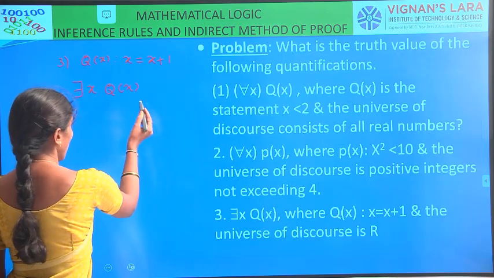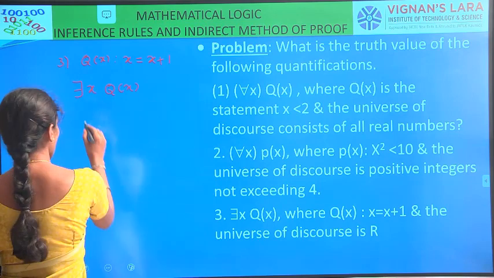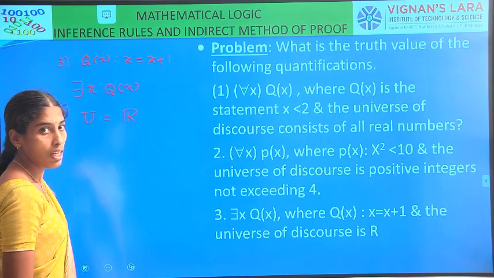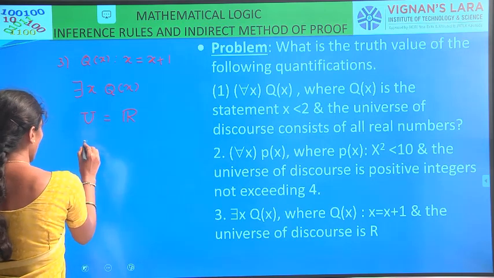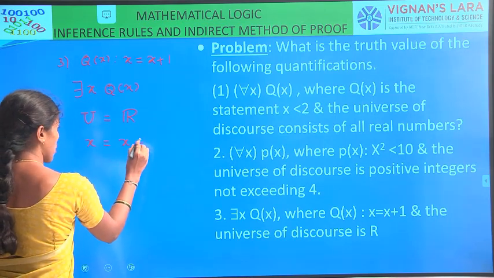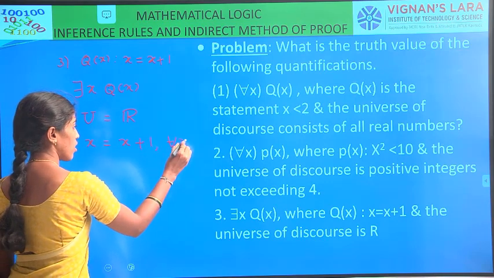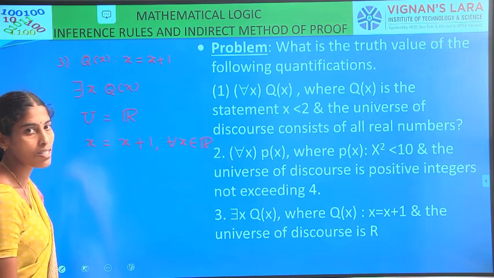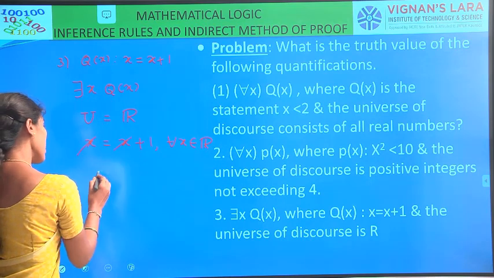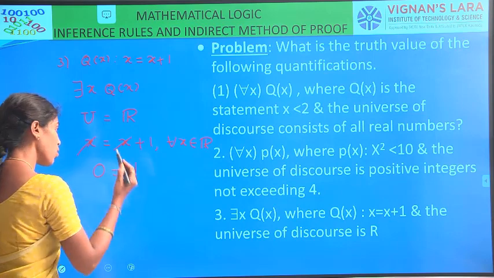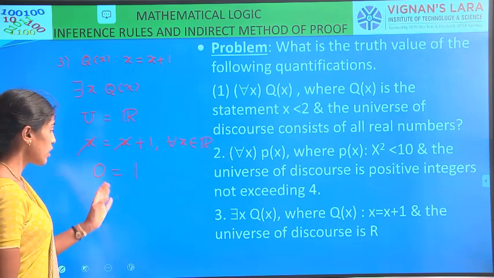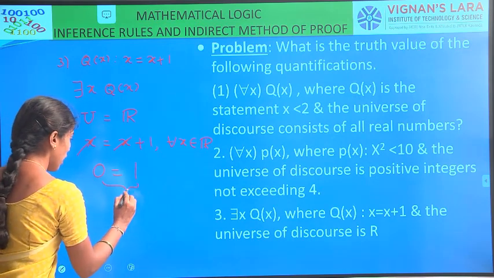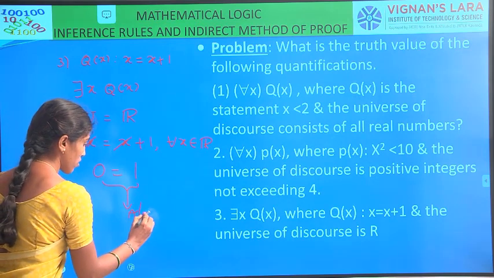Now see, what is the universe of discourse? U is the set of real numbers. Is there any real number for which x is equal to x plus 1? Does such a number exist or not? By cancelling x on both sides, we get 0 is equal to 1. Is it true for any value, in any case? No, it is always false.